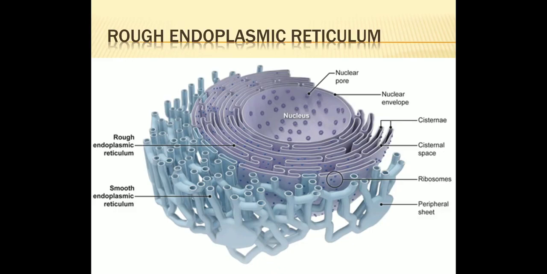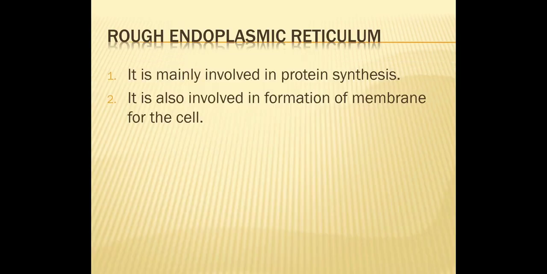That means it comes out from the transitional region of endoplasmic reticulum. Such membrane-bound proteins depart from endoplasmic reticulum as transport vesicles. And secondly, this rough endoplasmic reticulum is also involved in formation of membrane of the cell.